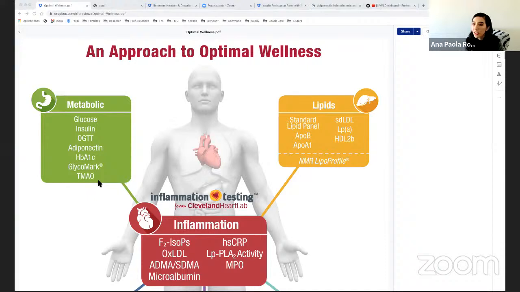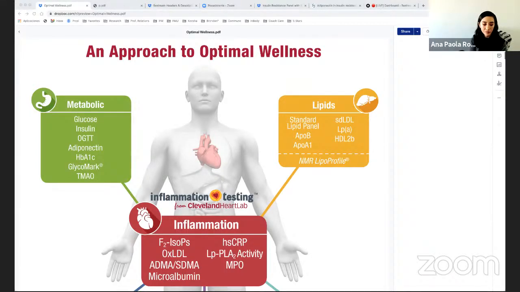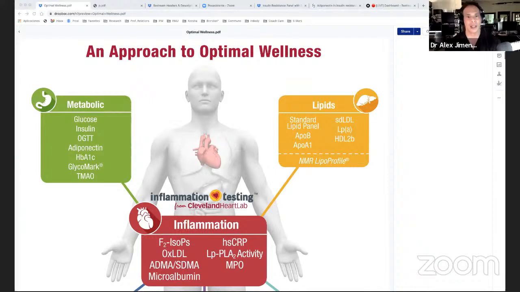But eventually, yes. You had mentioned TMAO, and one of the things that we use TMAO for is to assess gut function. Yes. We want to be able to determine what the endothelium and all the cardiac risks are of the arterial walls as well.